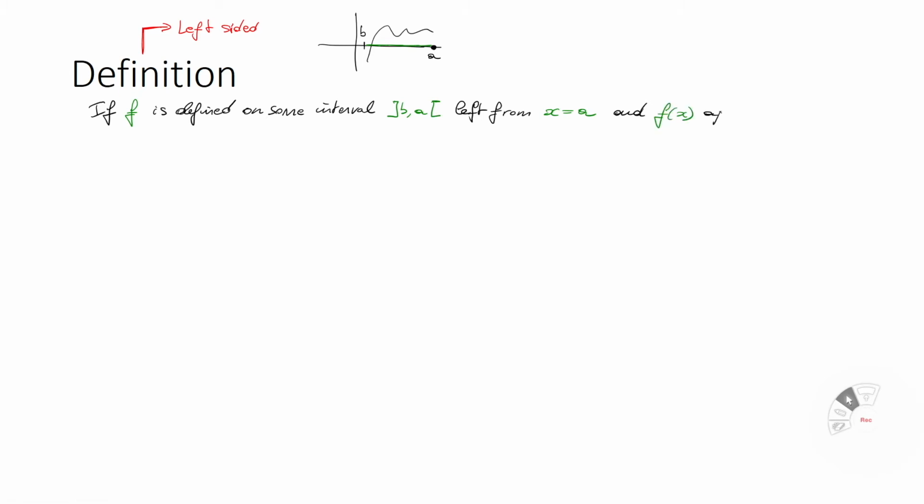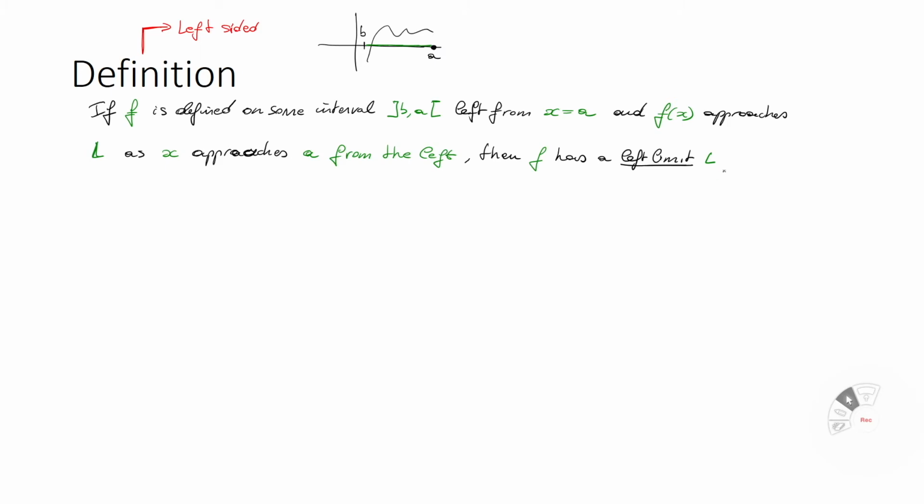So it's defined on some interval b a left of a, and f of x approaches a value L as x approaches a from the left, then we say that f has a left limit L at x equal to a.